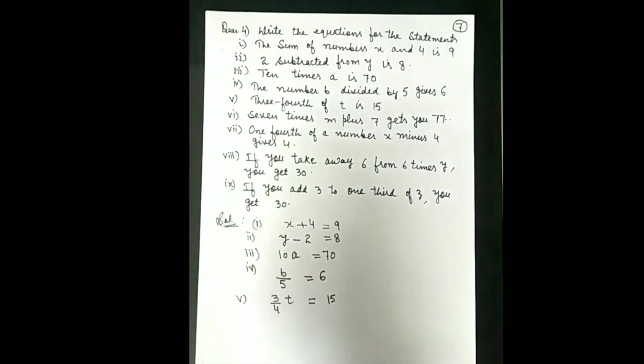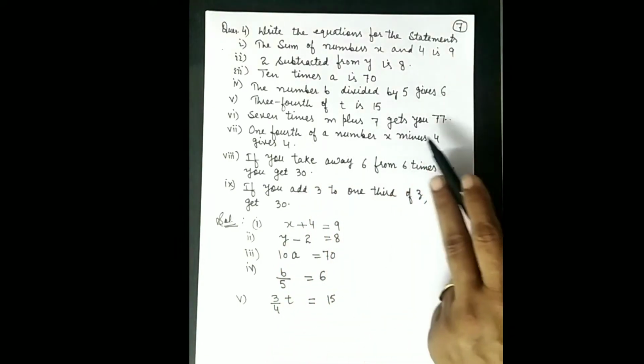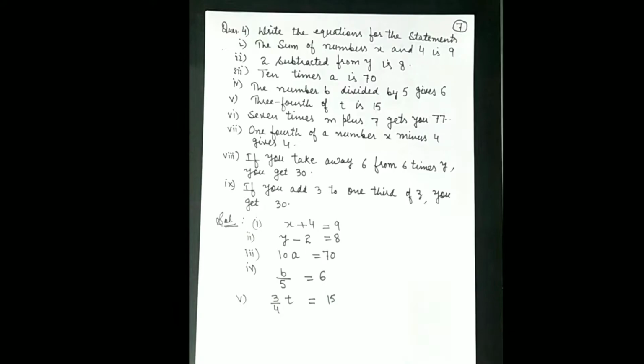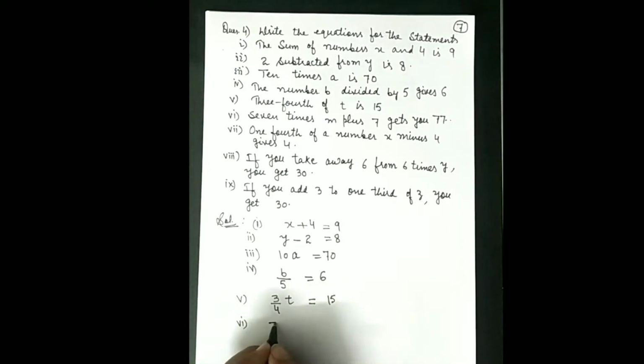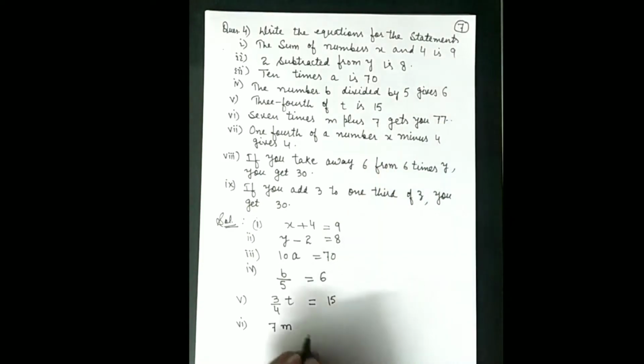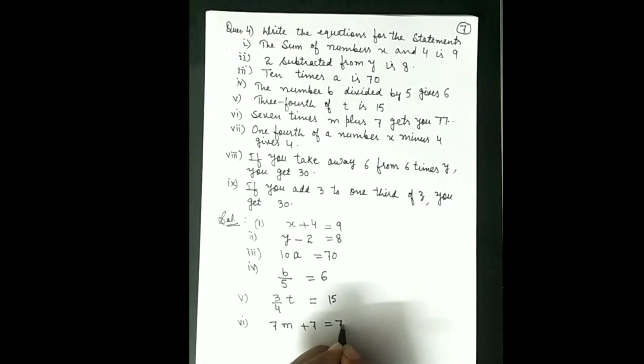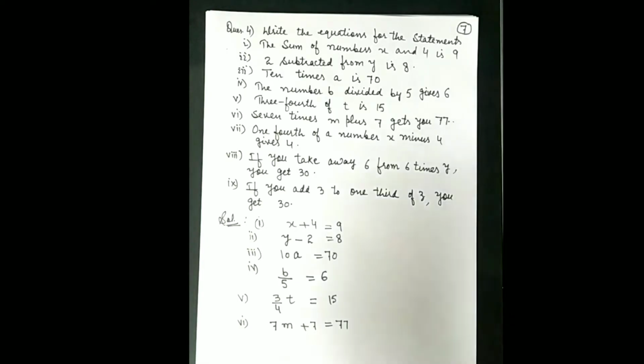Sixth part: 7 times m plus 7 gets you 77. So what is 7 times m? 7 times m means 7 multiply m plus 7 gives 77, means is equal to 77.